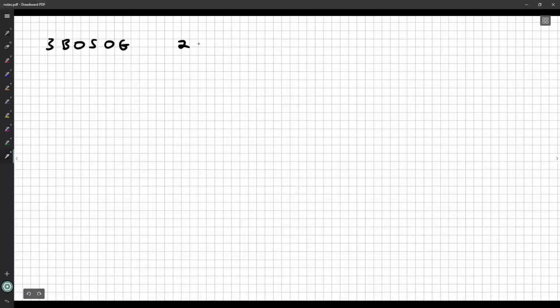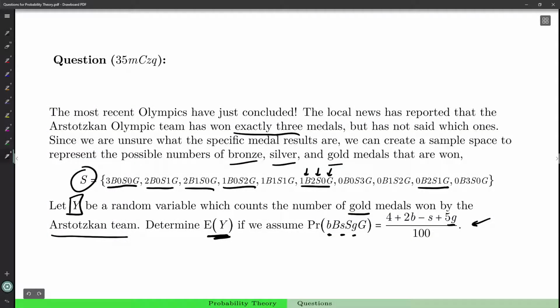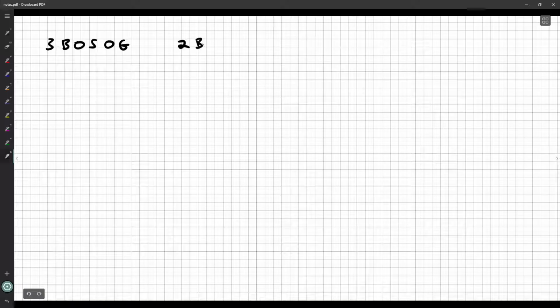So the first thing I'm going to do is write down the sample points here, and let's see if I can keep them in the same order. So start with gold and then work back. 0 silver, 1 gold. I'm going to assign them their probabilities based on this formula. 2 bronze, 1 silver, 0 gold.